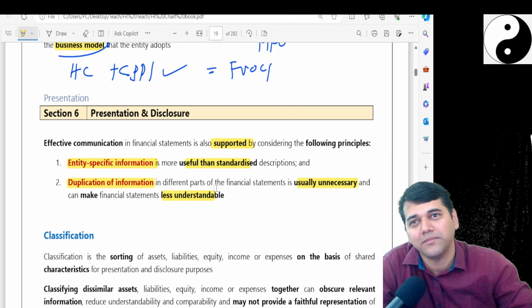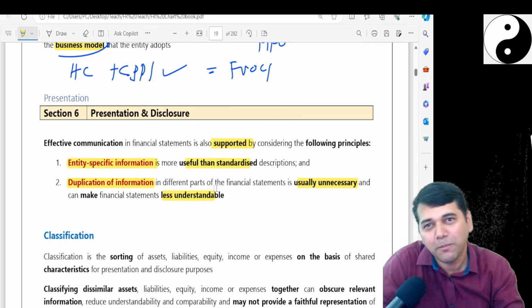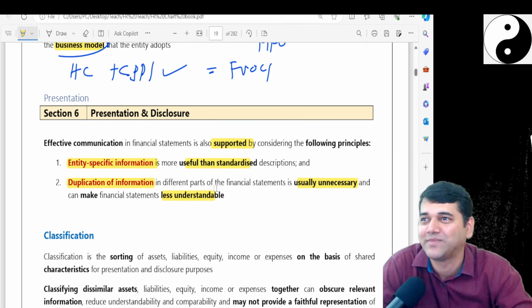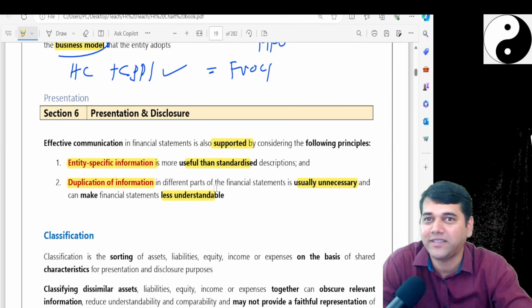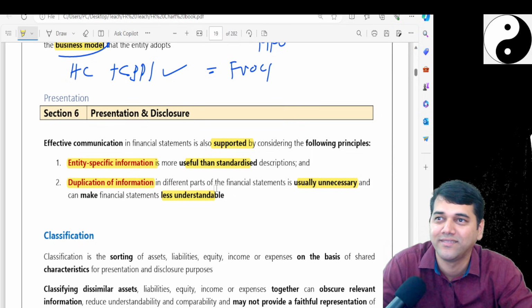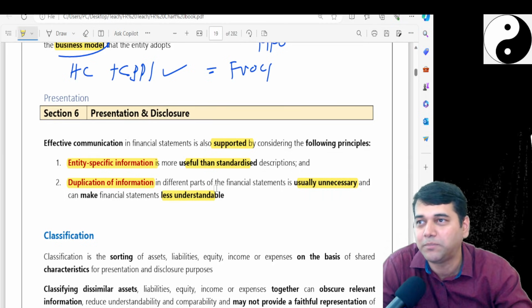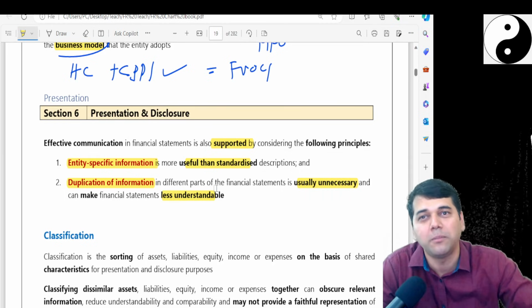You see, somebody can make you more confused by bombarding you with so much information. Now, their expectation may be different. Their expectation may define your priority. You take what you want. Followed, no? But there are very clear guidelines to the preparers of financial statements. Don't bombard them with information.